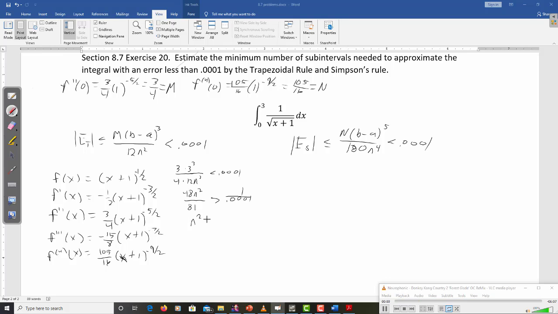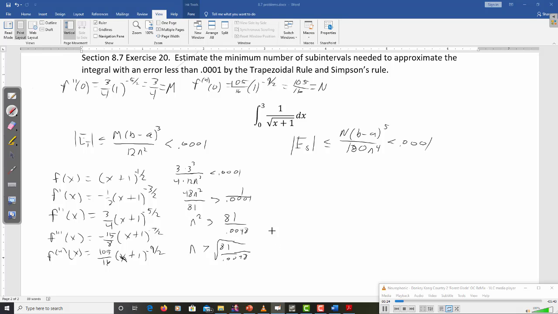So then n squared is greater than, let's see, 81 times 1 over 0.0048. So n is greater than the square root of that, 81 over 0.0048.